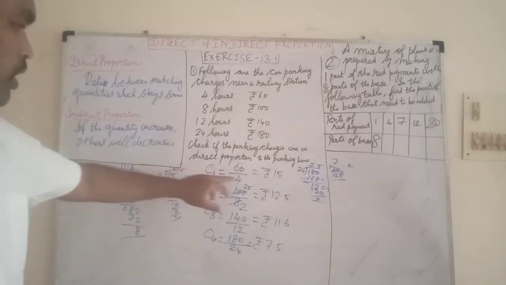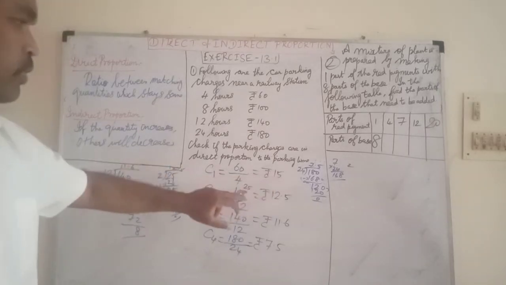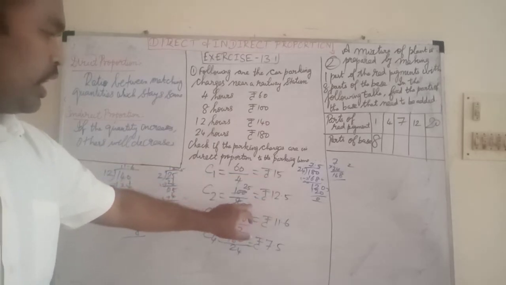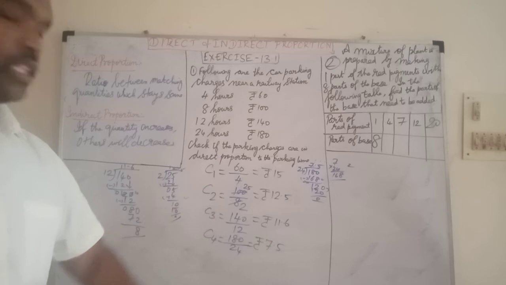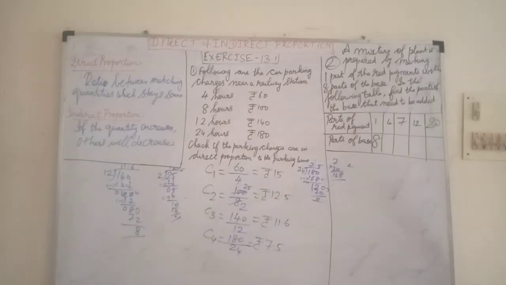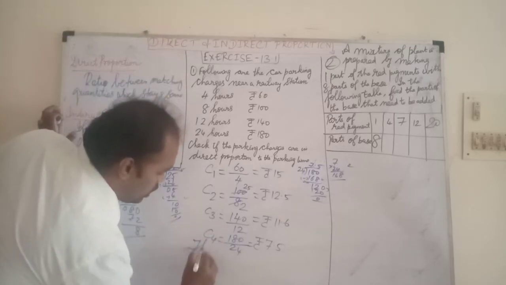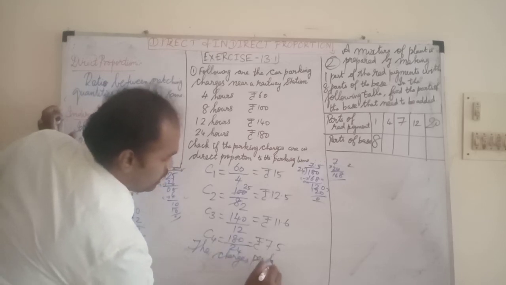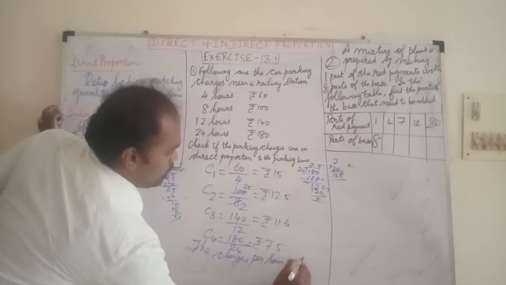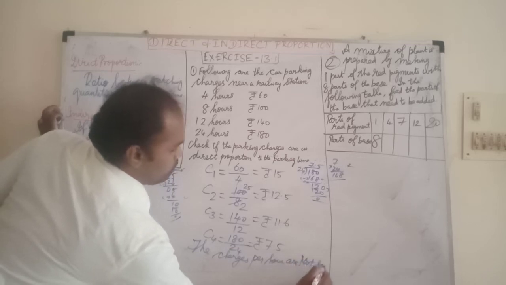So this is the per hour value. Per hour is 15. Another car parking charge is 12.5. This one is 11.6. This one is 7.5. So the charges per hour are not the same.